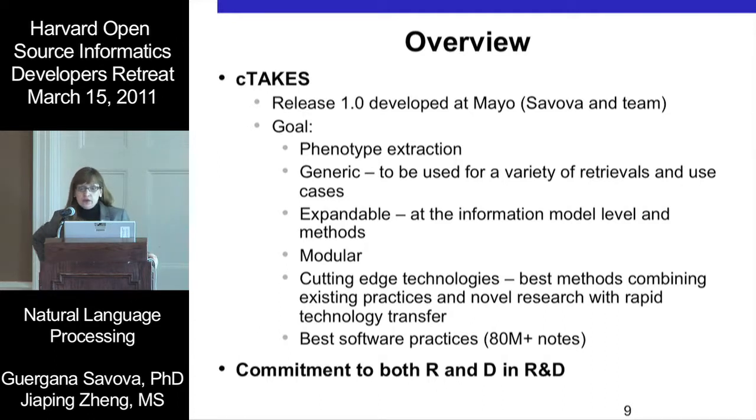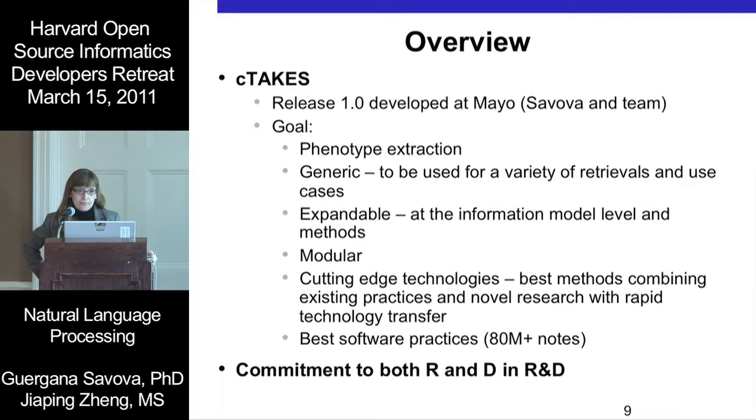Then we wanted to have an expandable and modular system, because we envisioned adding more layers and more modules to that system. So whatever we have has to be expandable. We also set as a goal to use cutting-edge technologies, both from a software engineering and software development point of view, and also natural language processing and machine learning.